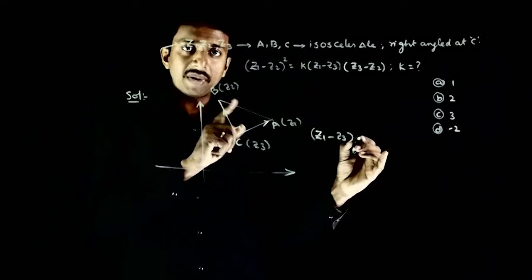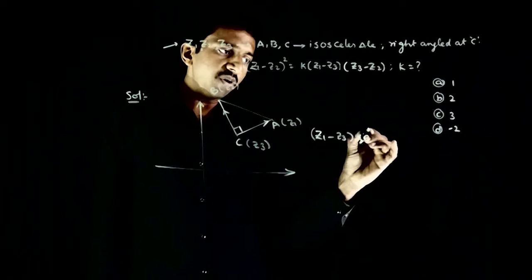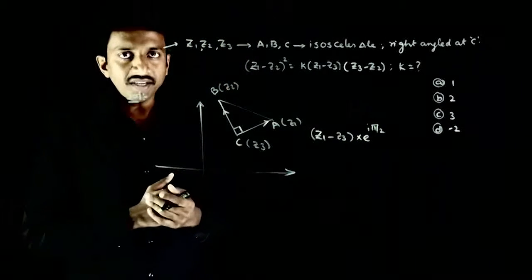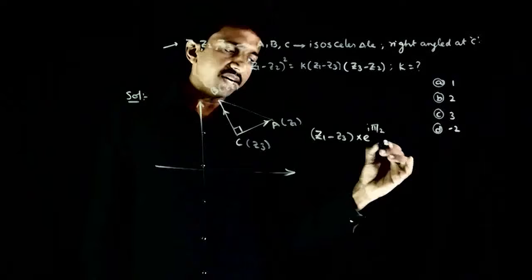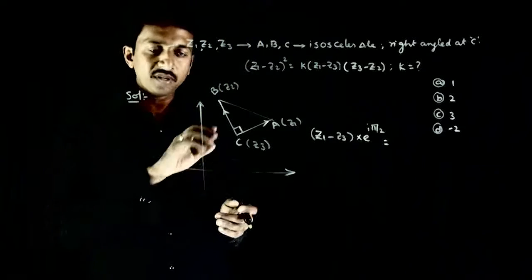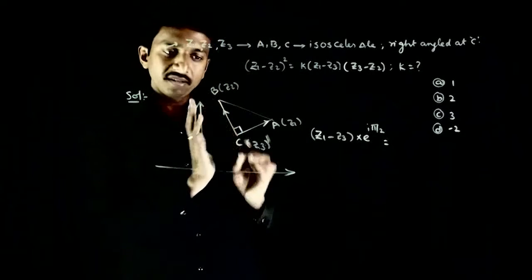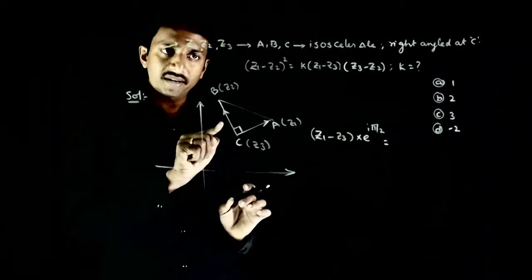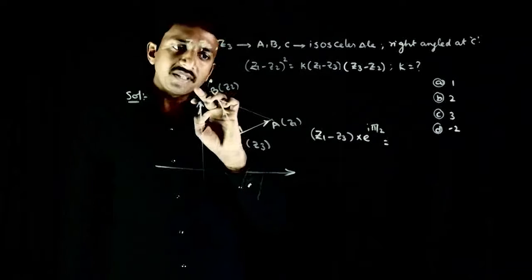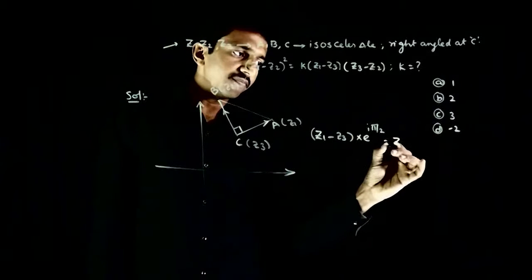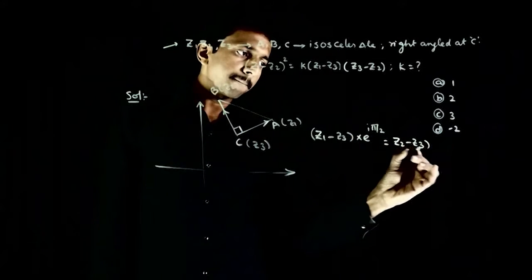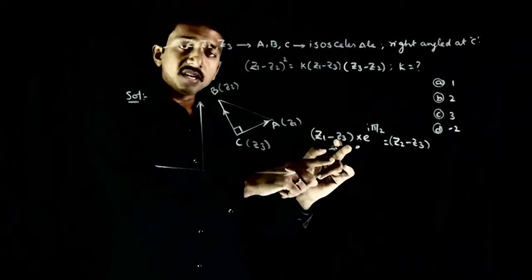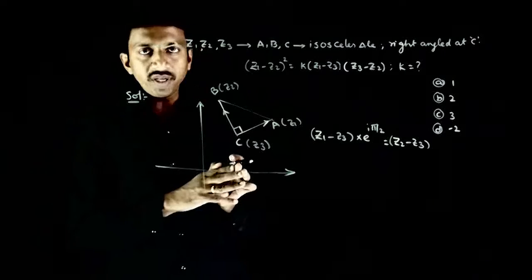Z1 minus Z3 on rotation by 90 degrees, meaning multiplying it by e power i pi by 2. If you rotate it by 90 degrees, what do you get? You get the complex number, the vector CB, which is Z2 minus Z3. If the orientation is reversed, e power minus i pi by 2 can also come.